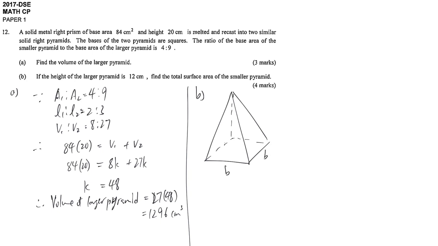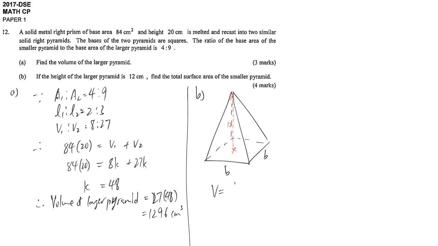They tell you directly that the vertical height here is 12. Together with the volume we just found, it's possible for us to find b here, so we should try to find the base length of the square.